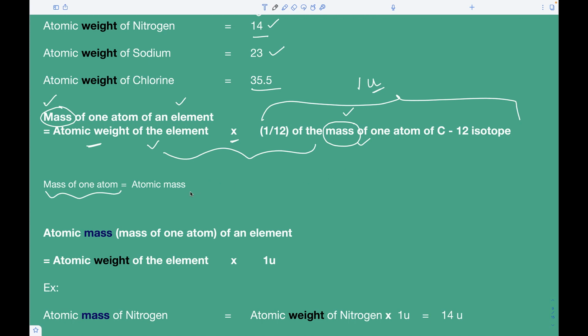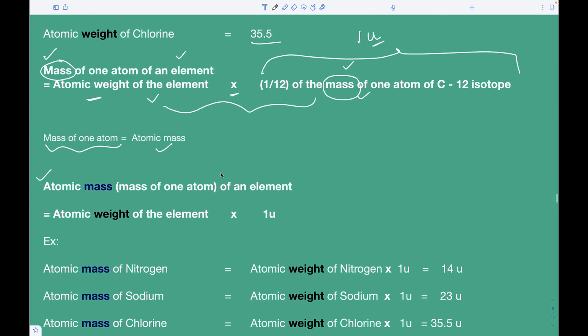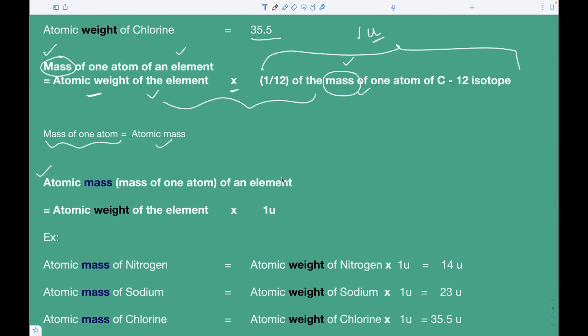That is why we came up with this shorter version called atomic mass. So atomic mass is nothing but mass of one atom. Then this equation becomes: atomic mass of an element is equal to its atomic weight multiplied with 1 u.